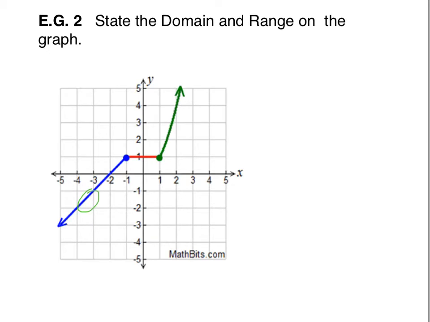You've got -3.1, -3.2, -3.0005. It's an infinite amount of values just in between two integers. So we have what we call interval notation, which is basically symbolizing all the values between this number and that number.